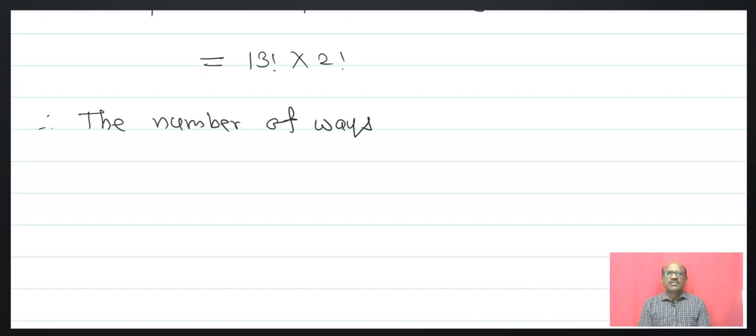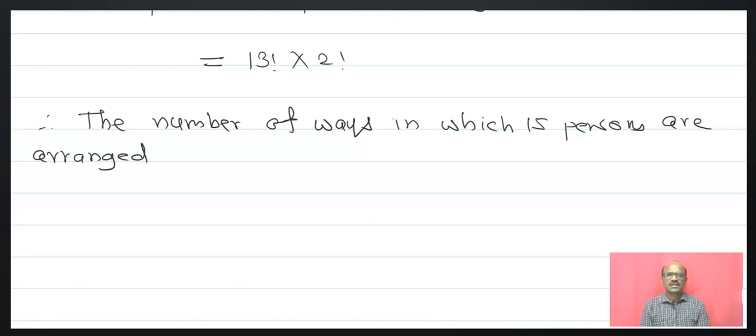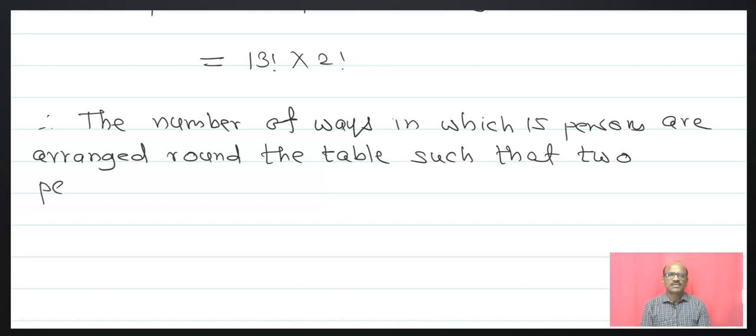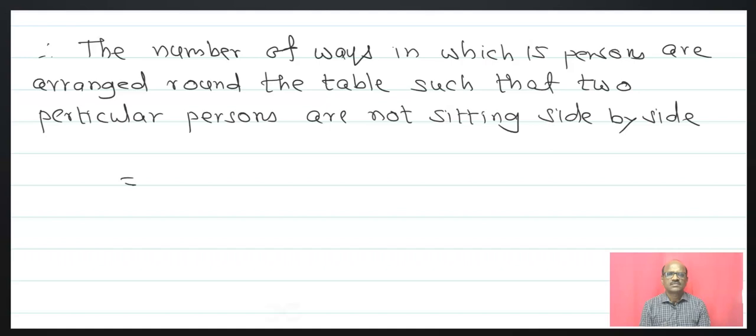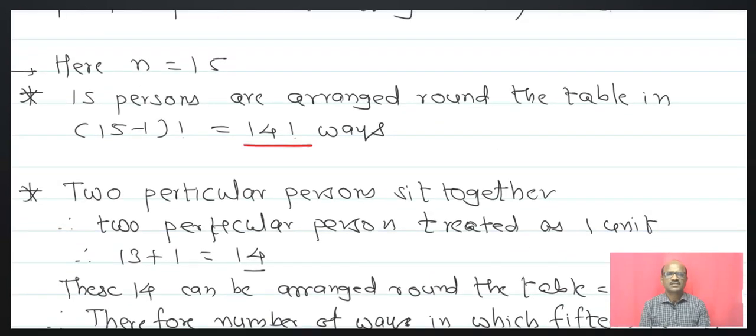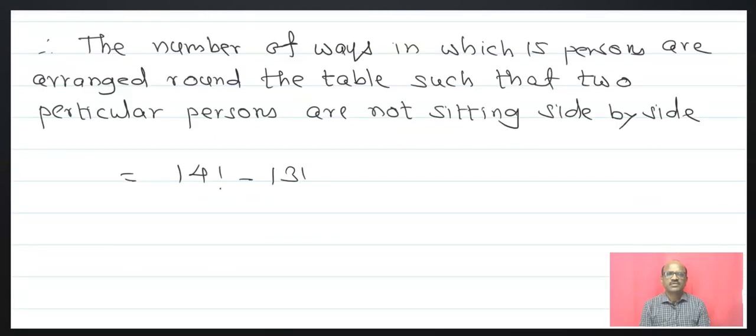Therefore, the number of ways in which 15 persons are arranged around the table such that two particular persons are not together, not sitting side by side, is equals to 14 factorial minus 13 factorial into 2 factorial.